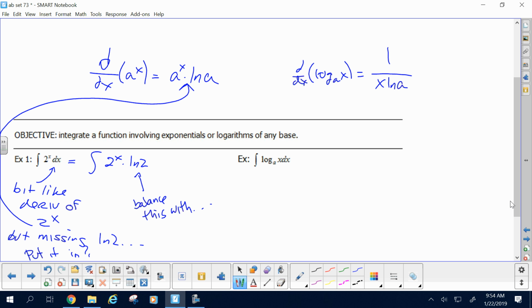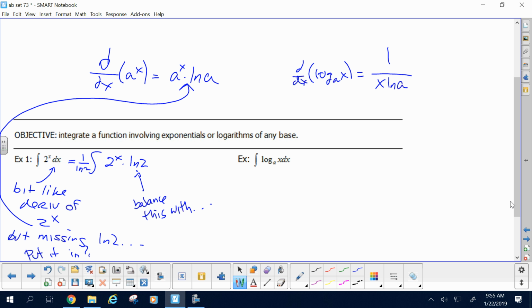Now, 1 over log 2, that's a constant. I can put it out front as long as I balance with a 1 over log 2. The net change is exactly the same.